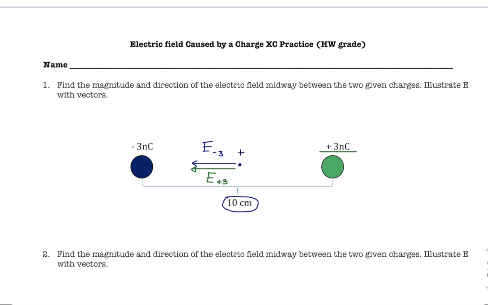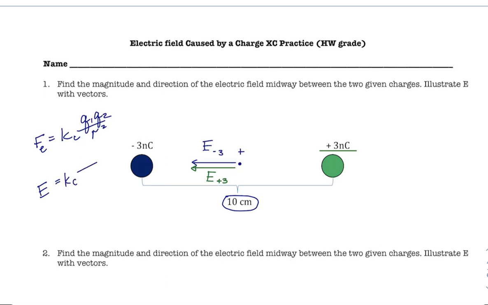Now, the formula for a field caused by a charge, as you remember, is like a reduced formula for electric force. Electric force we had as Kc, and then we had Q1, Q2 over R squared. Now, if we are figuring out the field, we're losing the charge, and we just keep one charge, the charge that made the field. And I'm using the big Q just to tell you that it's not an imaginary tiny charge in the field, but the field created by that charge.